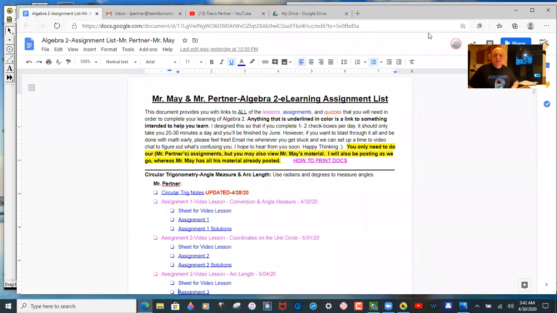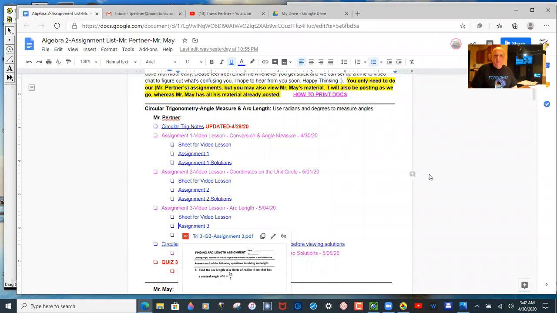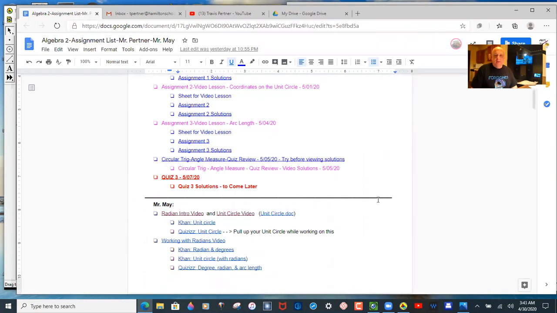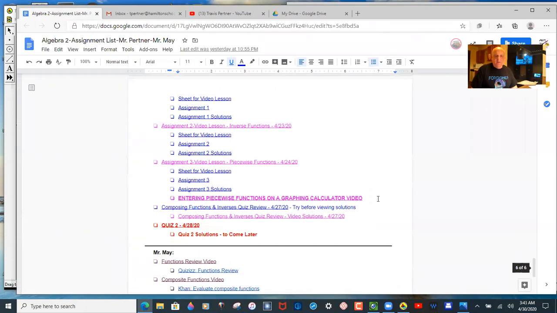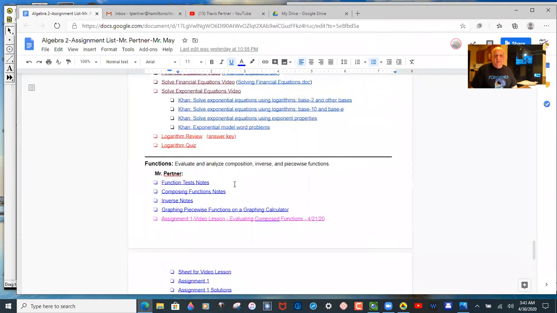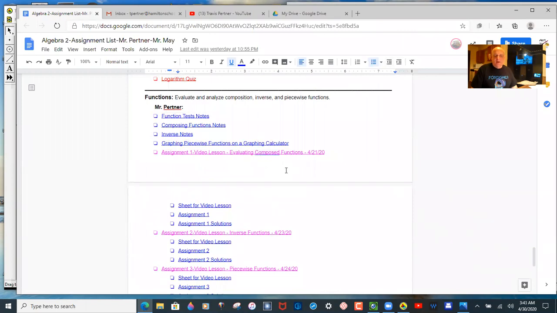Hello, everyone. Keep in mind that on our document that is housing our assignments, I'm going to pull up to the top where we are. So we are beginning our third unit in circular trig, and the rest of everything is at the bottom of it. If you need to get anything from the functions unit, it is now at the bottom.